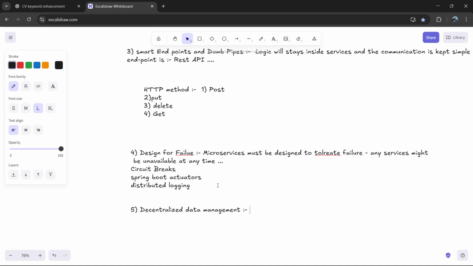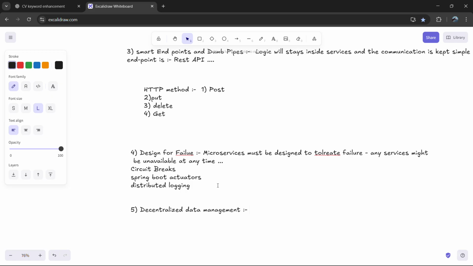The decentralized approach minimizes dependencies and supports autonomy, enabling teams to innovate and iterate independently. It makes the service more autonomous and less dependent on another external mechanism.